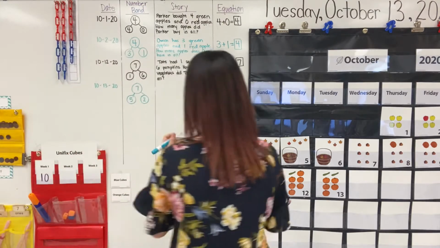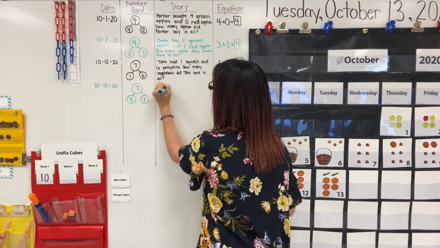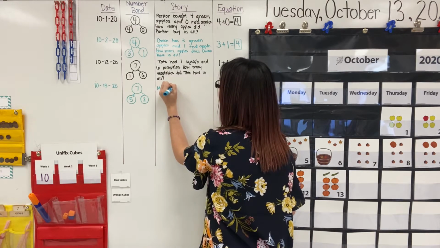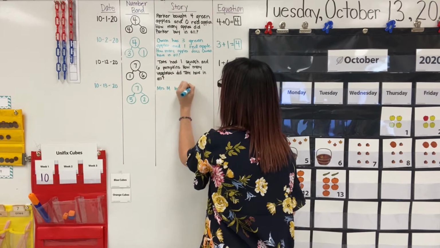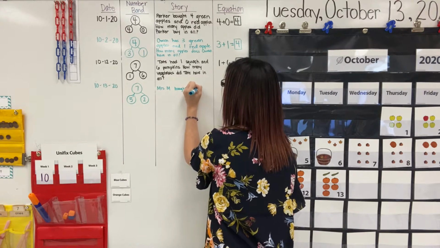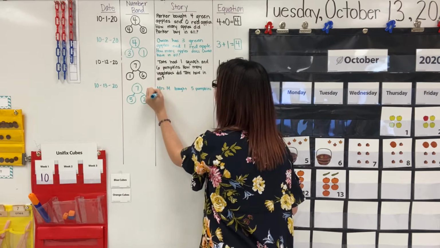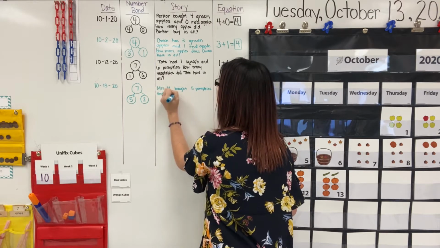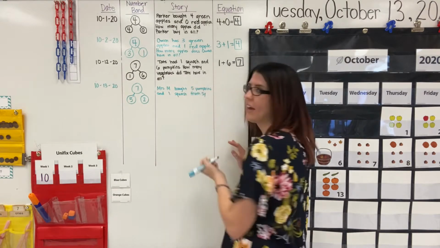So let's see. Mrs. Mitchell, we'll just put Miss M, bought 5 pumpkins and 1 squash from Cy, because I know Cy grows some stuff.